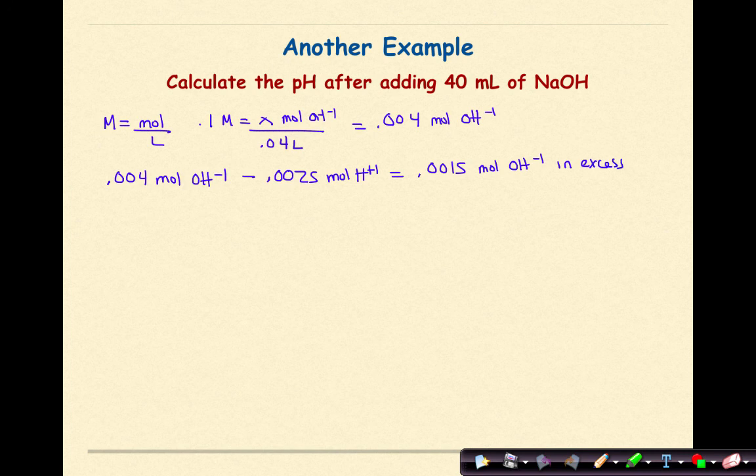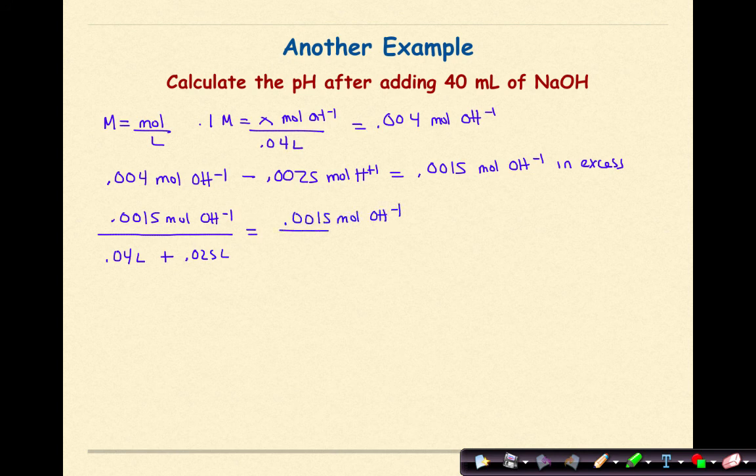Now that we have that, we can take that number of moles of hydroxide ions, 0.0015 moles of hydroxide ions, and we can say, well, we had a volume of 0.04 liters of base. Add that to our original volume of acid, which is 0.025 liters, for a total volume of 0.065 liters.